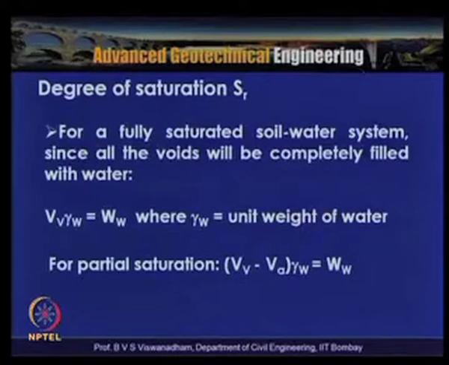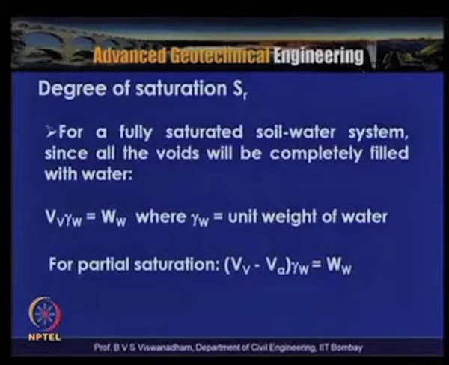That means the weight of water is nothing but gamma w, the unit weight of water, which in SI units can be taken as 9.81 kilonewton per meter cube. So, Ww is equal to Vv gamma w. For partial saturation, we can write (Vv minus Va) gamma w is equal to the weight of water.